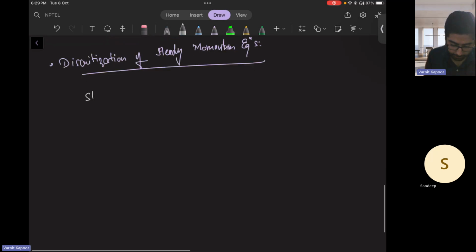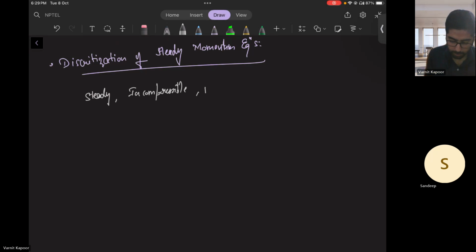Okay, steady, incompressible, and Newtonian. How do we discretize this momentum equation? We have to make some approximation. These are the approximations: steady, incompressible, and it is a Newtonian fluid whose shear stresses are proportional to the shear rates. And we go ahead with the solution of the fluid flow equation.